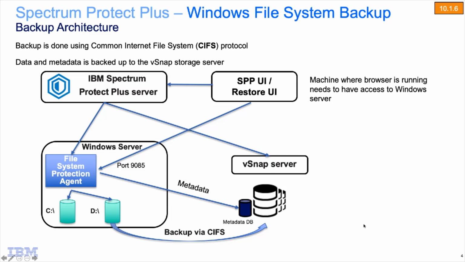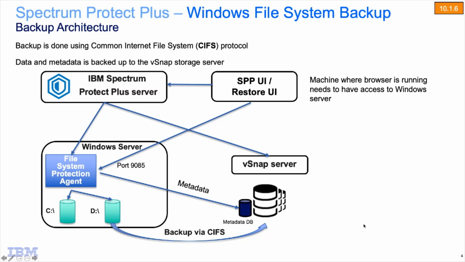And so once that mounting happens, the file system protection agent is going to back up the metadata for the files that are being backed up to a metadata database that is stored on the vSnap server. So that metadata database is what is allowing us to do the incremental forever backup.